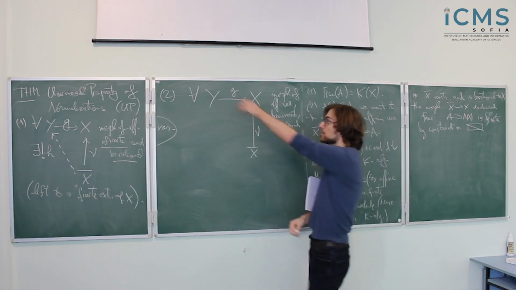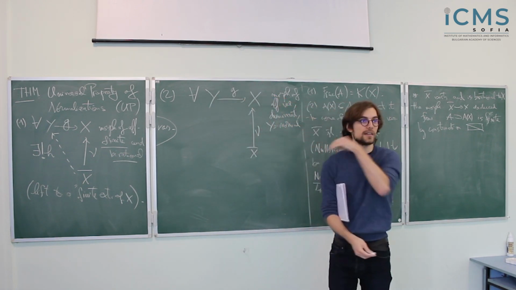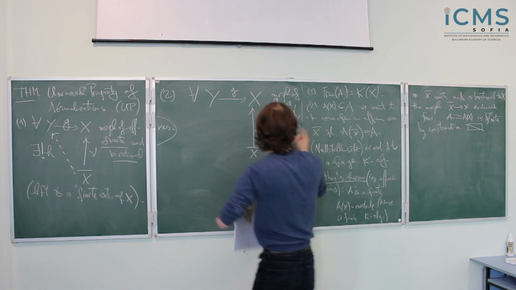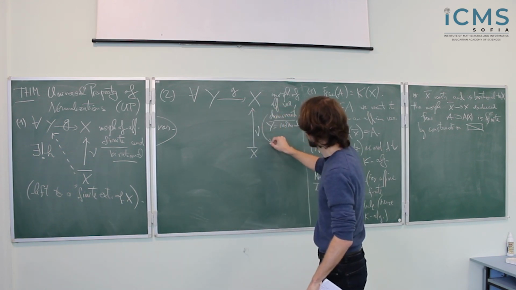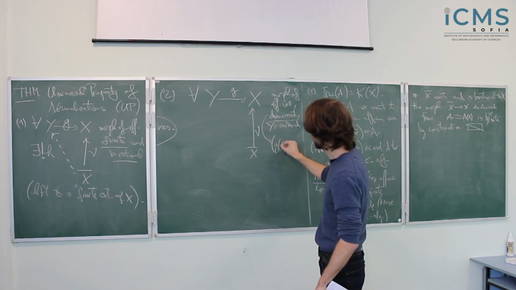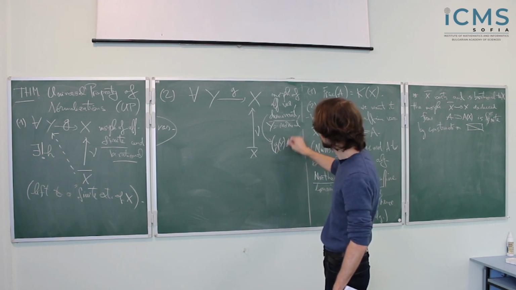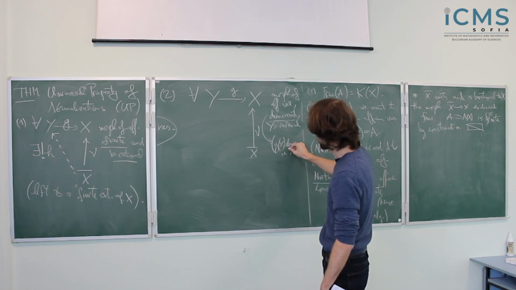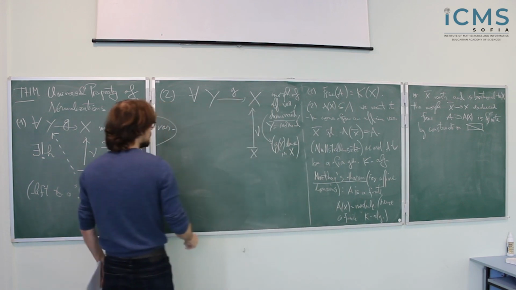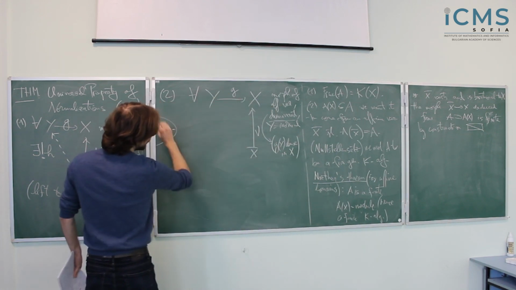So if I have something normal that is coming in on x in a dominant way, so dominant, if we don't remember what it means, the image of y is dense in x. Okay? Then this actually will factor through x bar.